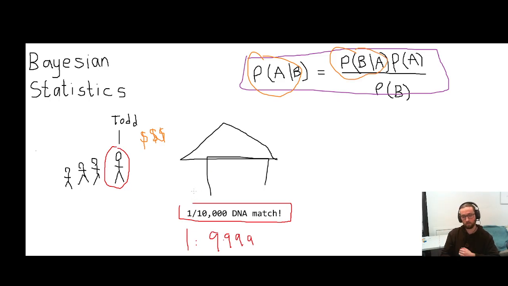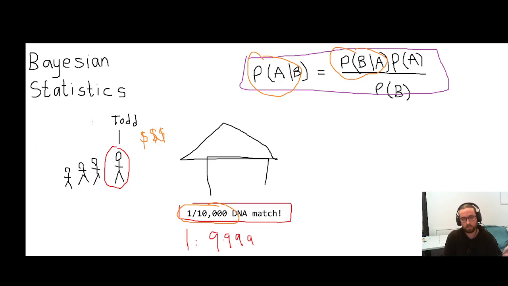Because it's true that it's a 1 in 10,000 DNA match. That is quite damning for Todd. But let's say there are 100,000 people in the area. Well, at least 10 of them are going to have a DNA match, right? So now Todd doesn't look so special anymore. When they arrested Todd, they knew that his DNA was a match. That's how he ended up in the courtroom.